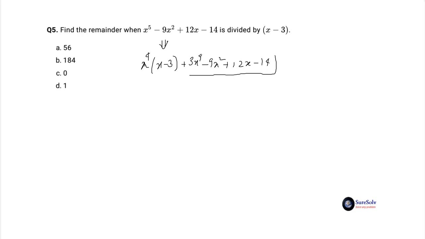Take out another factor of x minus 3. Result is 3x cubed multiplied by x minus 3 plus 9x cubed minus 9x square plus 12x minus 14.